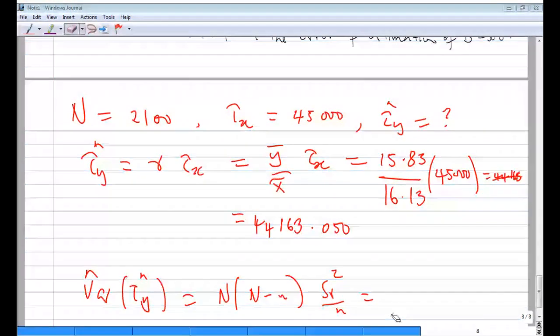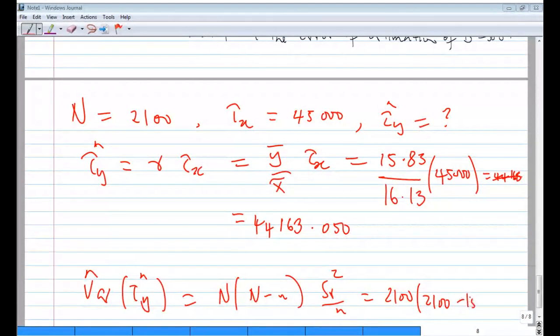Oh yes, that's 15. Sorry, so it's possible. So it's 2100 minus 15.